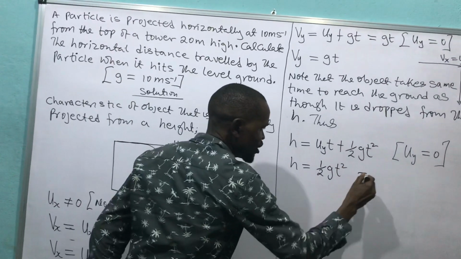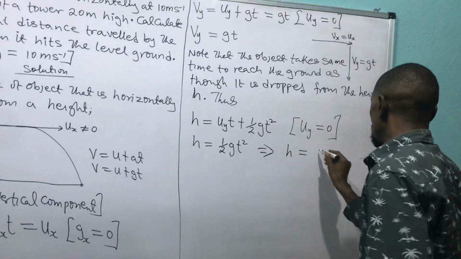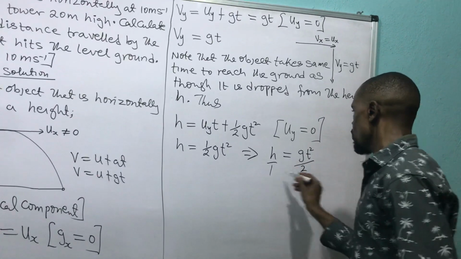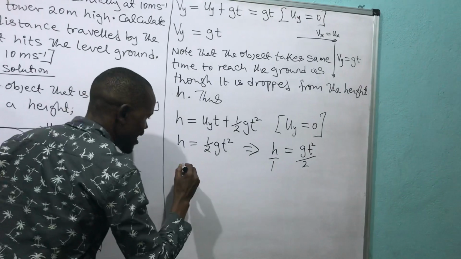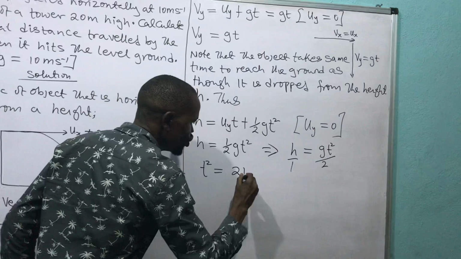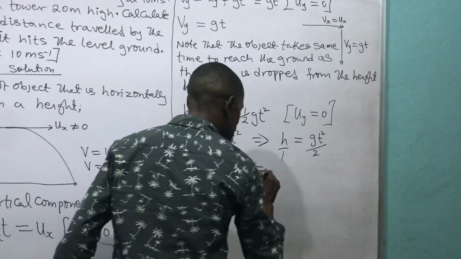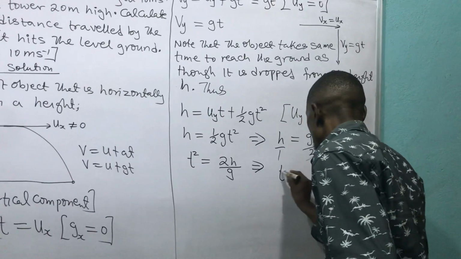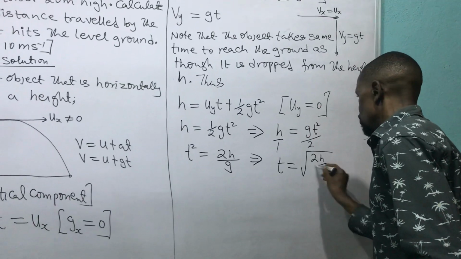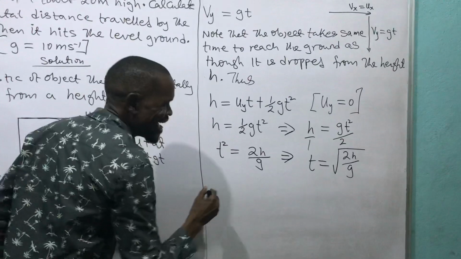Then cross multiplication: h is equal to gt squared over 2, and this is over 1. I have that t squared is equal to 2h all over g. Making t the subject of formula, t equals the square root of 2h all over g. And this is the time it will use to land on the ground.